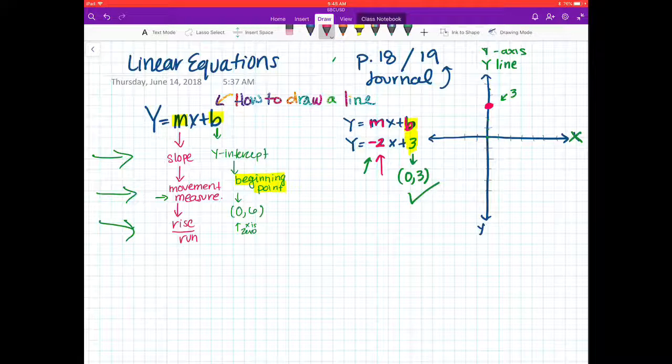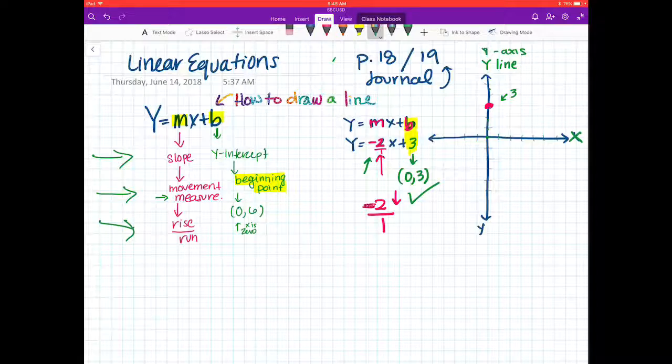But you need a fraction. So it's going to be -2 over 1. If you don't see a number, put a 1 underneath, okay? Because it's negative, it's going to tell you to go down.